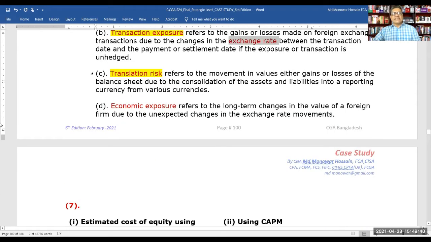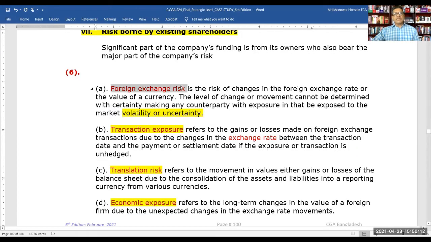Translation risk refers to the movement in the value, either gain or loss, of the balance sheet due to the consolidation of assets and liabilities in the reporting currency from various currencies. Economic exposure risk refers to the long-term change in the value of a foreign firm due to unexpected changes in exchange rate movement. So these are all the risks, and as per the question, this answer is 12 marks, theoretical.